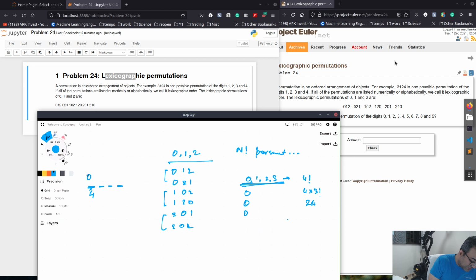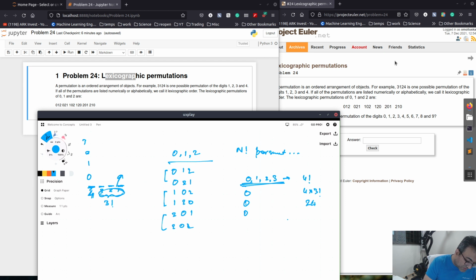We can add either a 0, a 1, a 2, or a 3. So 4 ways of doing that, and the rest of it is 3 factorial. So there are 3 ways of doing that, 2 ways of doing that, and 1 way of doing that. So there are 3 factorial ways in which we can arrange the rest of the numbers given this.